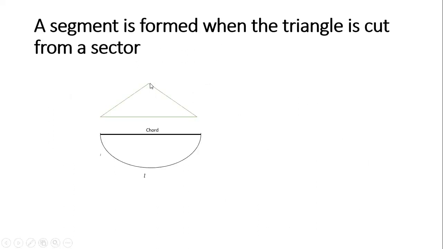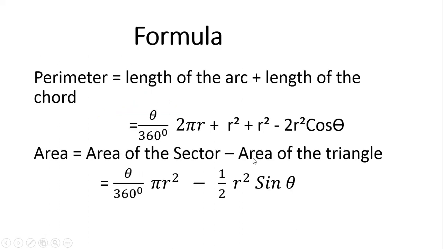I may decide to bisect this triangle into two equal parts. That means I'll be dividing the angle and I'll be dividing this side. So since I know the radius, I can use my trig ratio to have the angle. So I can then have sine of half theta, half a, represented by a, over r, and then I can get that. So well, I decided to use this one.